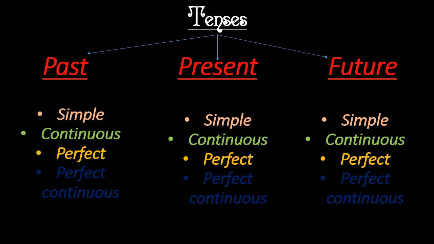Further, they can be categorized as simple past, past continuous, past perfect, past perfect continuous, simple present, present continuous, present perfect, and present perfect continuous. Further, there are simple future, future continuous, future perfect, and future perfect continuous.